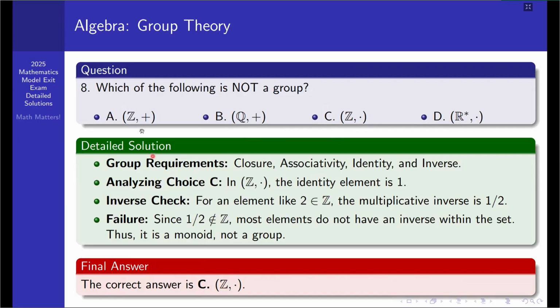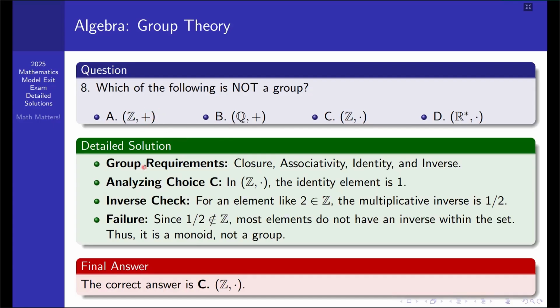But if you check the others, for example A, we know that there is an additive identity. Every element within the set of integers has an additive inverse, which is its opposite. The associativity property with respect to addition is satisfied, and so is the closure property, because the sum of any two integers is also an integer.